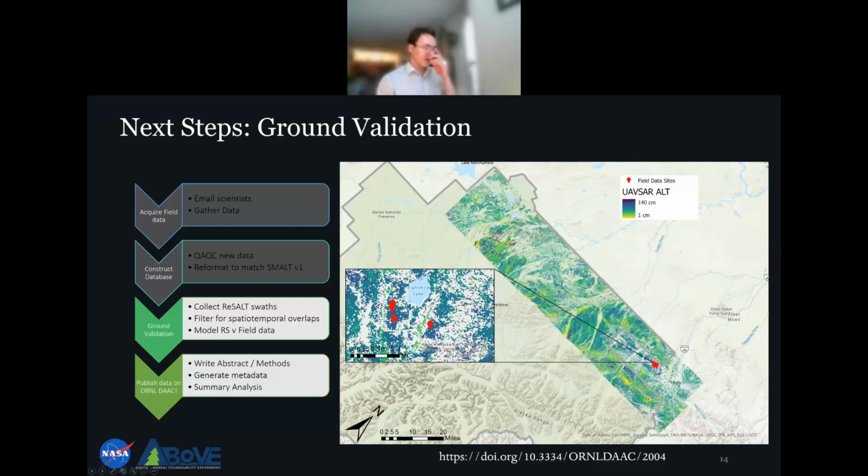And so in this figure, you can see we are looking at the swath over Denali National Park in Alaska. And Matt McCandless submitted some data around 8 Mile Lake, and that's represented by these red placemarks here. And the UAVSAR, the ReSALT processed radar data is a little gappy. And so one thing that I've done to try to maximize our ground truthing efforts is to fill in some of those gaps for my validation models.